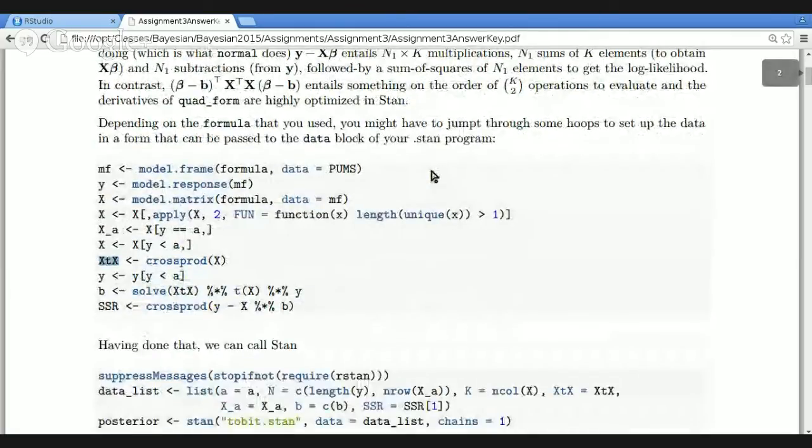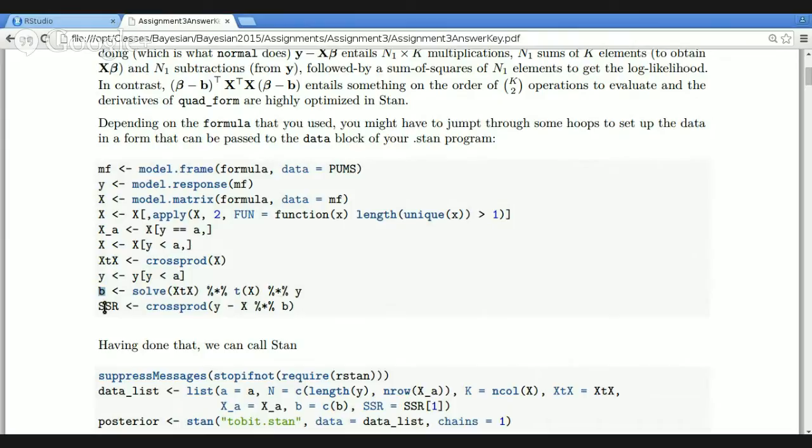For the people whose Y is top coded, in that case, we're going to have to use the regular techniques in Stan. So we'll make the OLS coefficient vector, X transpose X inverse times X transpose Y. There's an inverse in there.